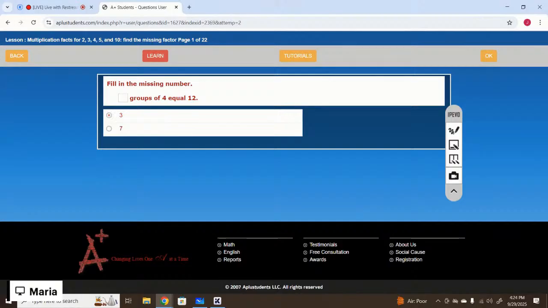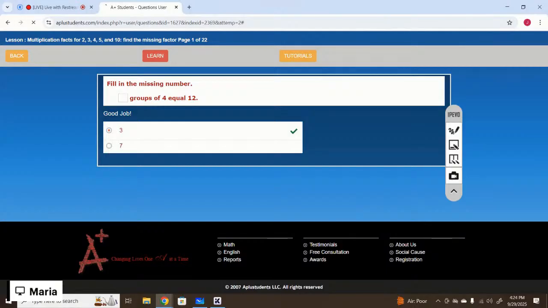Option number 1 is the correct option. 3 groups of 4 equal 12. Option number 1 is the correct option.